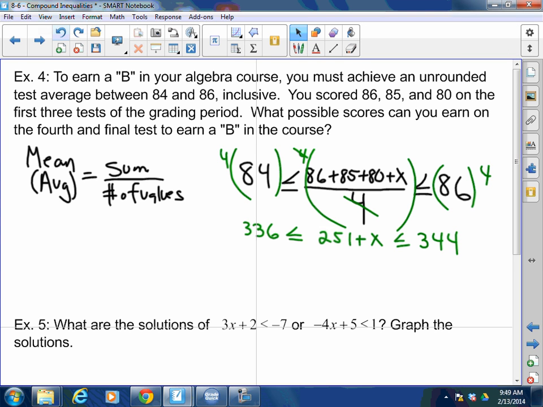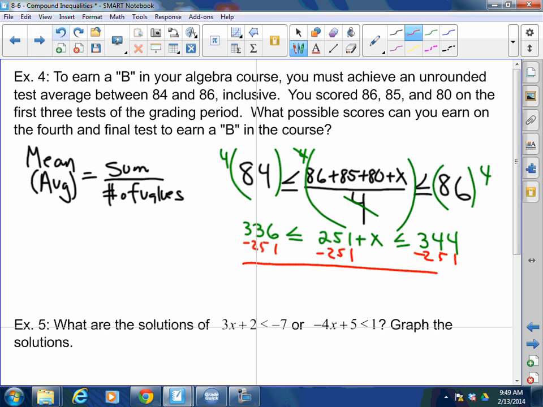Now, subtract 251 to both sides. And your fourth and final test better be greater than, you got a 5, that's 13, yeah, 85, or less than or equal to 93%.